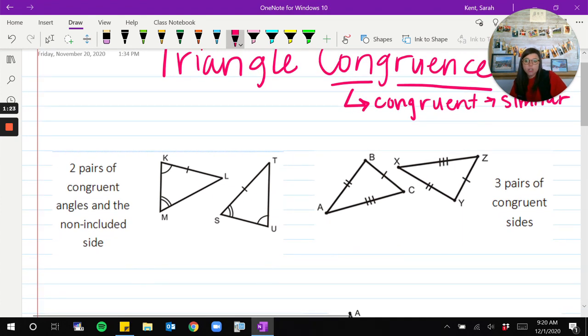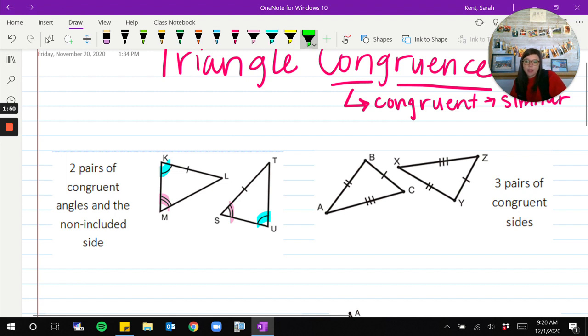Our first set has two pairs of congruent angles and the non-included side. What this means is we can see we have an angle, here's another angle. Here we have an angle, here's another angle.